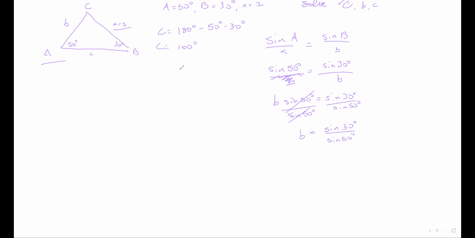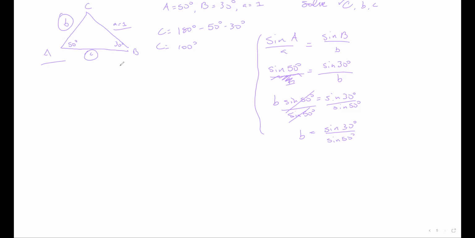And now we'll solve for C. One thing I want to comment on is we could attempt to use the law of cosines rather than sines here, but you'll see that there is a difficulty, because we need 2 side lengths to do law of cosines.